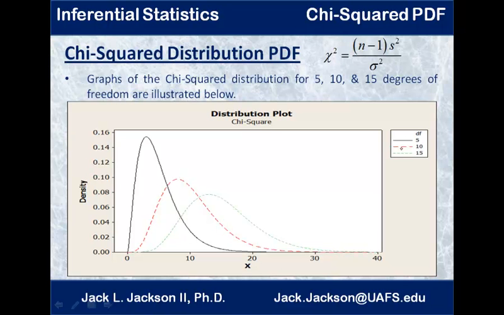The smaller the degrees of freedom, the more pronounced that skewness is. And so the larger the sample size, the more it becomes like a symmetric, but it's still skewed a bit. So the red one's a little less skewed than the black one, and this green one here at 15 degrees of freedom is starting to be closer to symmetric, but you can still definitely see that it's skewed there to the right.